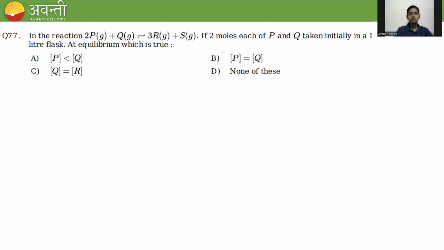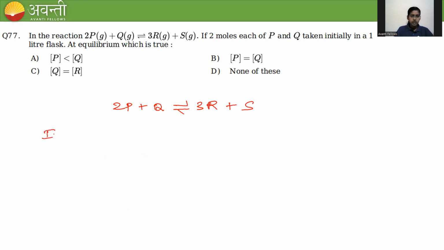Okay. Then coming to question number 77. In the reaction 2P plus Q giving 3R plus S, 2 moles of each of P and Q are taken initially in a 1 liter flask. The reaction says that 2P is reacting with Q, and at equilibrium 3R and S are being produced.